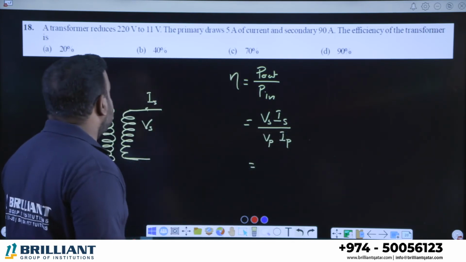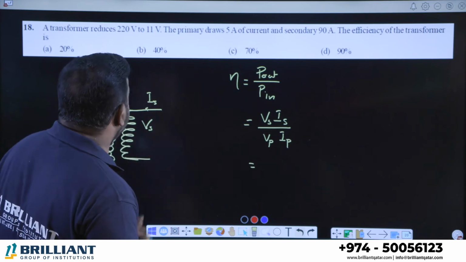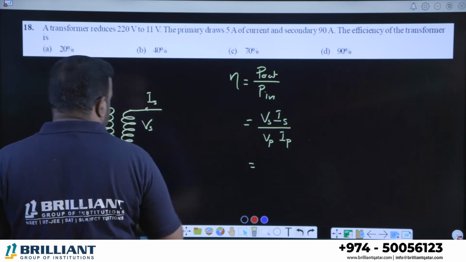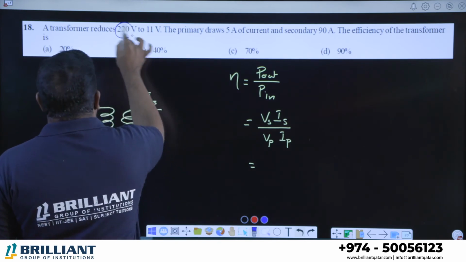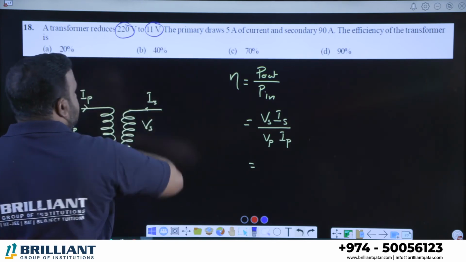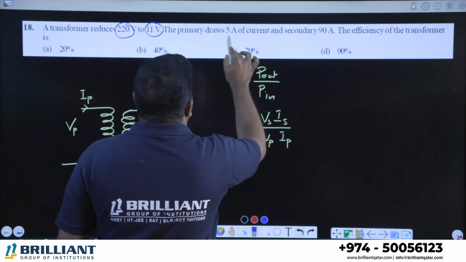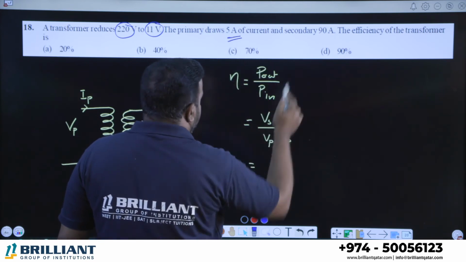VS, the secondary voltage, is given as 11 volt. 220 is the primary voltage, 5 ampere is the primary current, and 90 ampere is the secondary current.